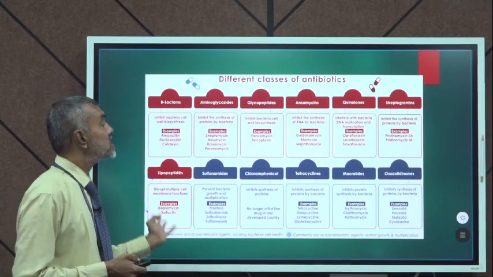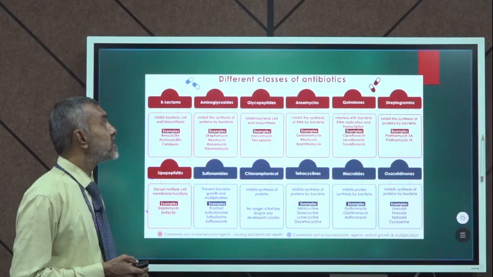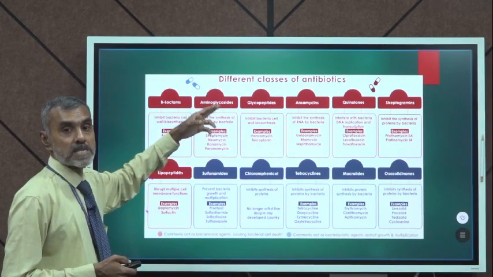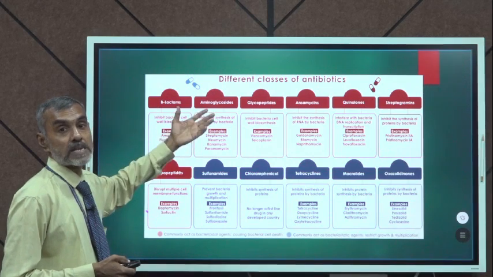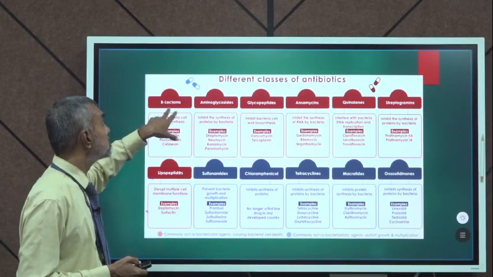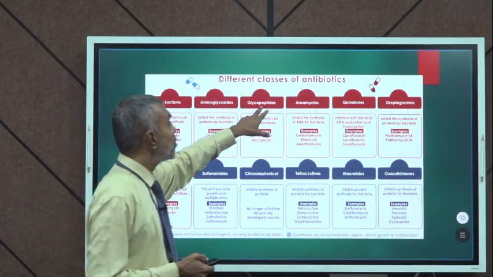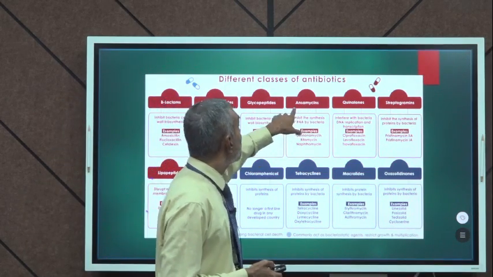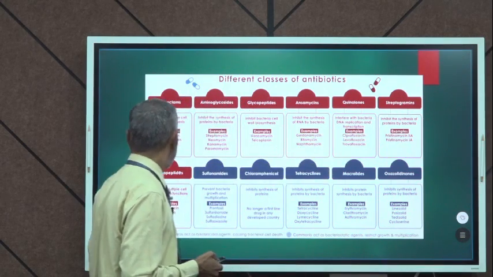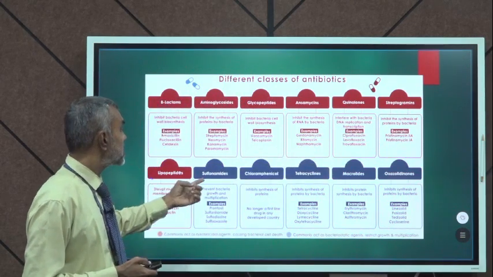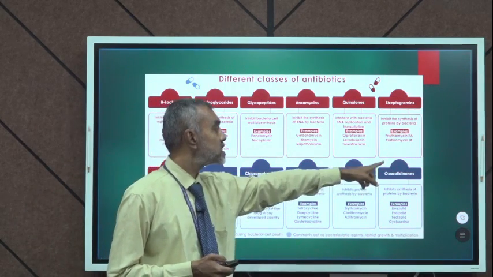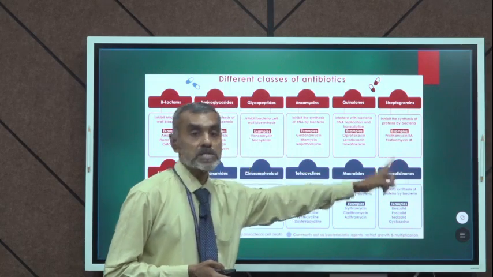And coming to the different classes of antibiotics, this is based on the functional group and activity over the microorganisms, and they can be categorized as beta lactams, aminoglycosides, glycopeptides, ansamycins, quinolones, streptogramins, lipopeptides, sulfonamides, chloramphenicols, tetracyclines, macrolides and oxazolidinones.